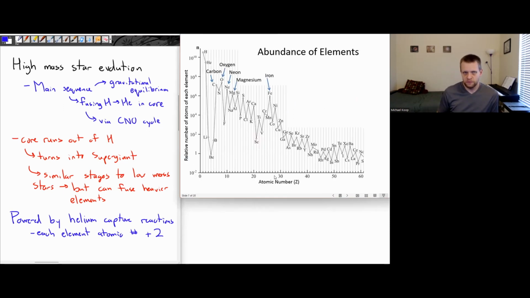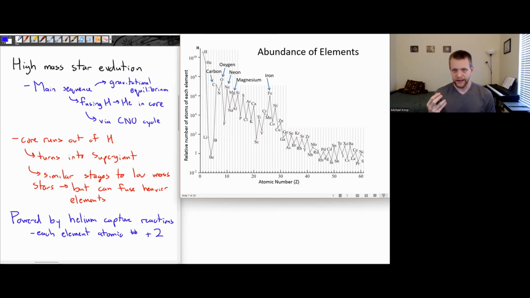Now, we've been going over a lot of information about how different reactions occur inside of stars, different things about the life cycles of stars. And as we hopefully are all aware, when I make a particular claim, the response should always be, well, what is your evidence for this?